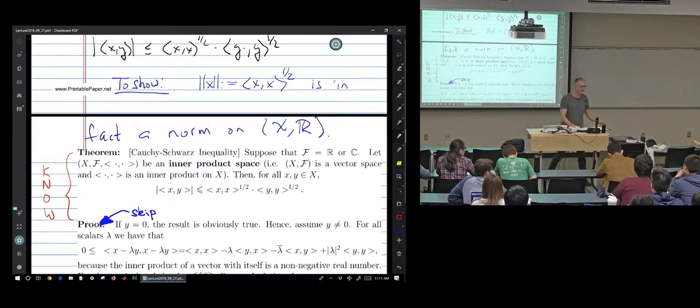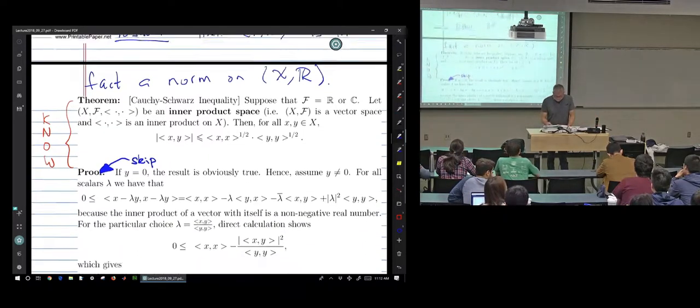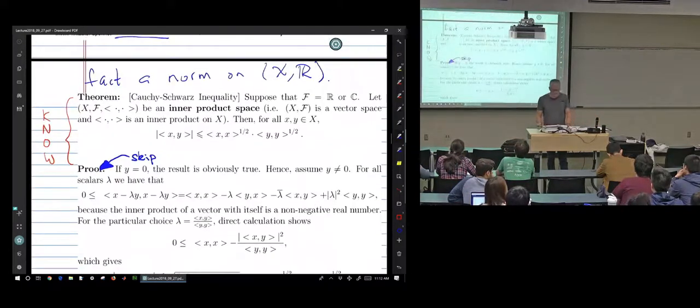Anything else? Yes, please. Is our proof general to all inner products? Our proof is going to show that all inner products induce a norm, yes. And all of the norms that look like sum of squares come from inner products too. You can prove it the other way.